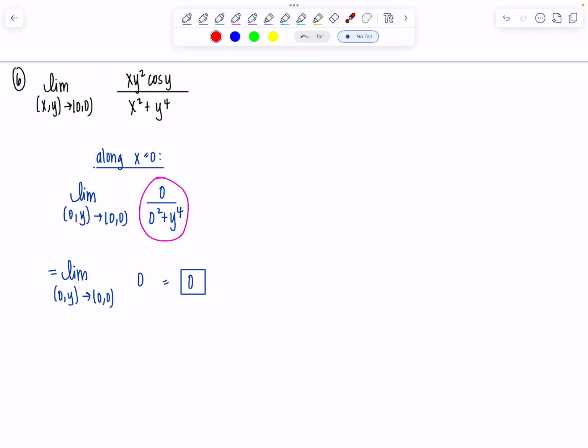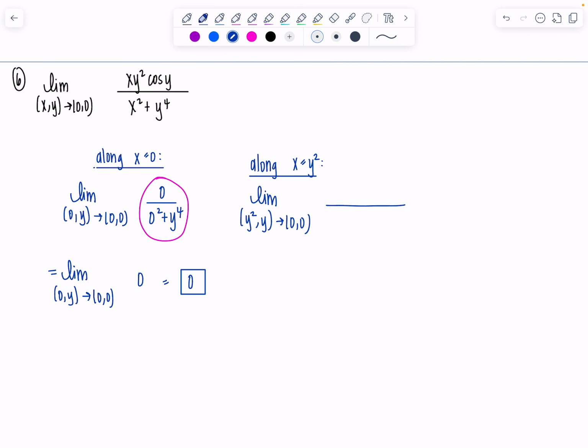All right, so let's try. This is a nonlinear path. Look at us upping the ante. Along x equals y squared. Here we go. So we're going to look at the limit as y goes to 0 of, now replace all the x's with y squared. So I've got y squared cosine y over y to the 4th plus y to the 4th.